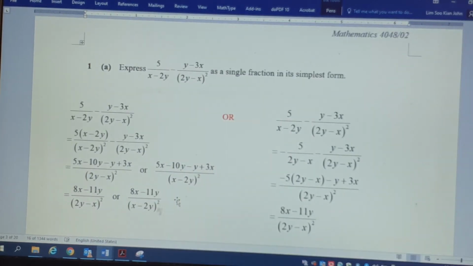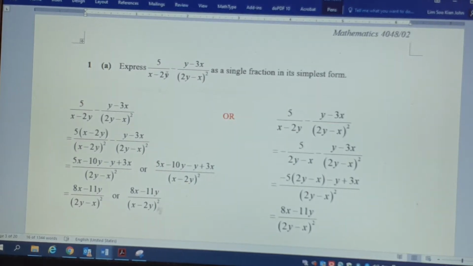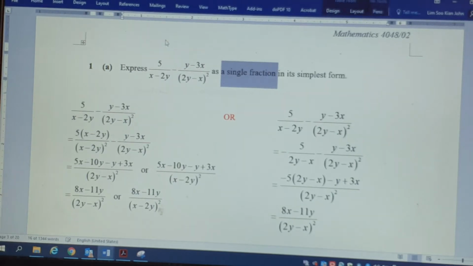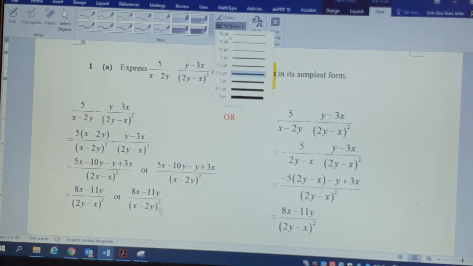I'm going to go through certain questions with you. You can pause the video and try this first. Now, as I mentioned, there will surely be questions on expressing as a single fraction. Okay, now you take a look at this question.